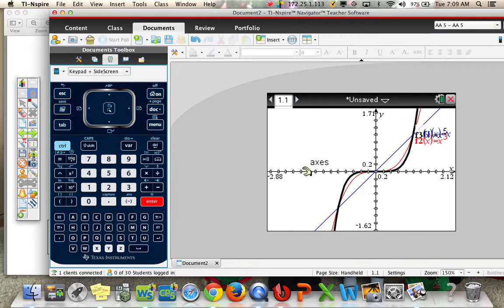And again, you can see that near the x-axis it starts to flatten out, and it does become steeper as we go to the left and to the right. And that is called end behavior. We'll take a look at that too. Let's do one more, x to the seventh. Again, if you're making predictions, it will probably flatten out near 0, but then become steeper as you go to the left and right. And it does. So those are odd functions.